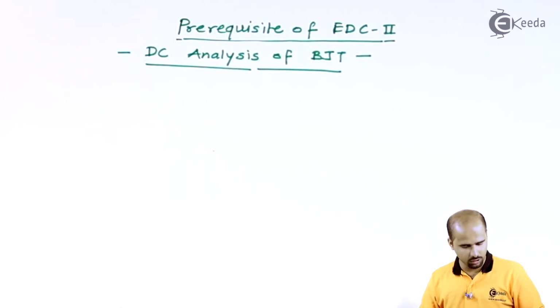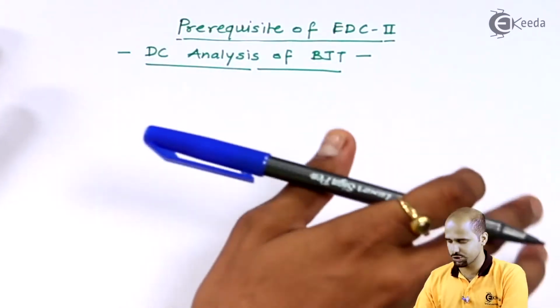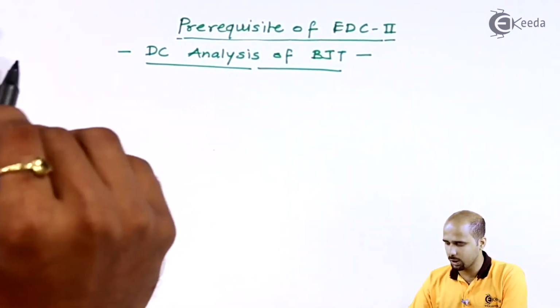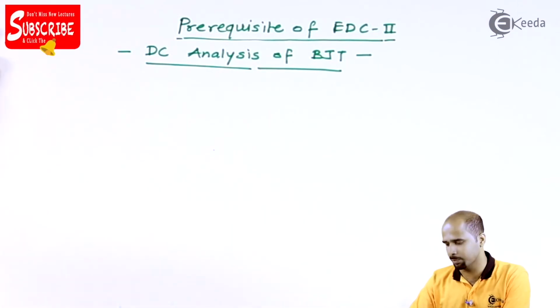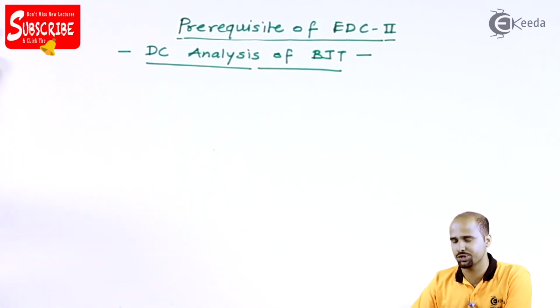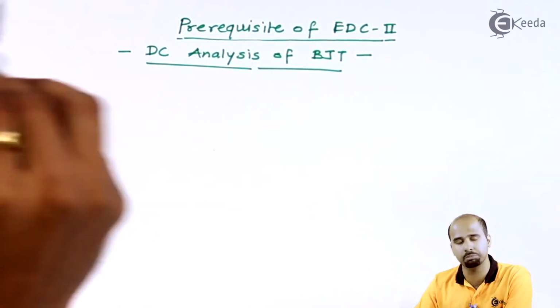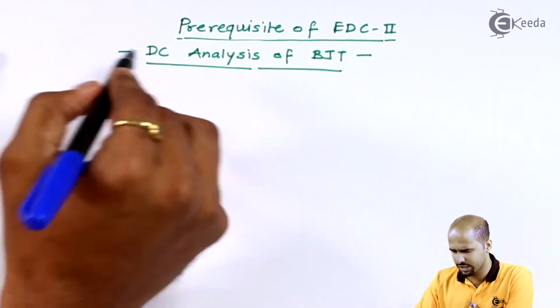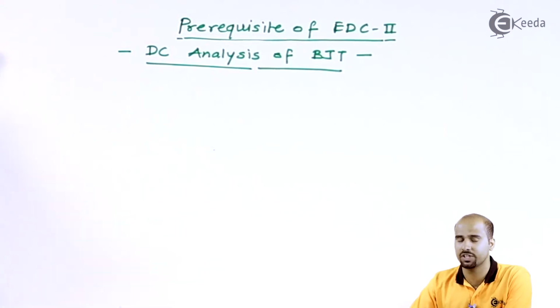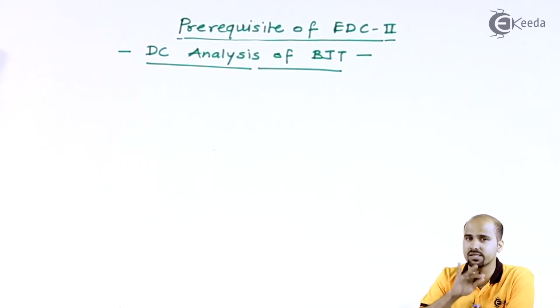Now, whenever we learn the DC analysis of BJT, one question should come to your mind: why DC analysis before the design or analysis of BJT? The DC term indicates that without any AC input, I have to apply some particular DC voltage.